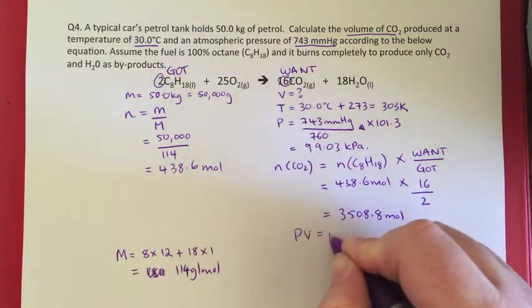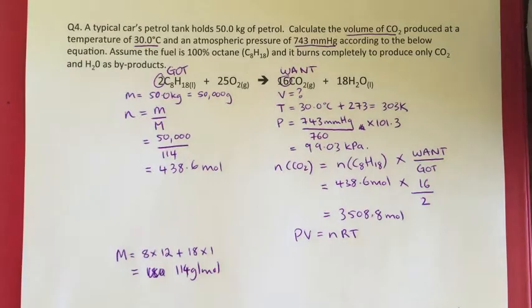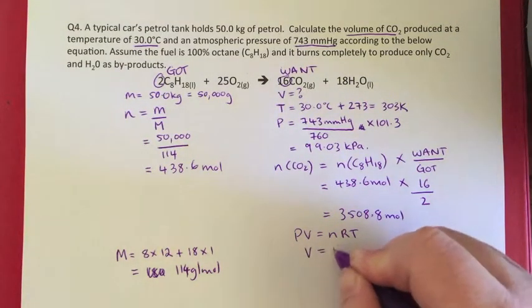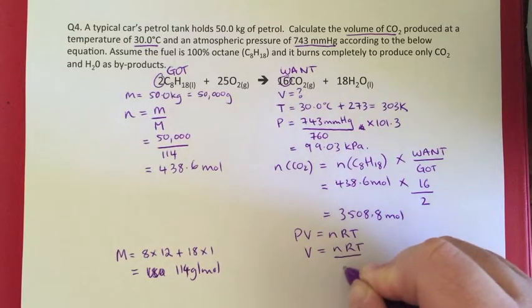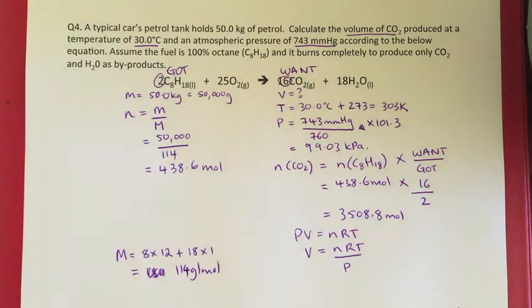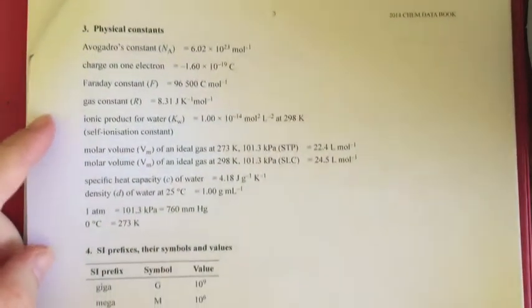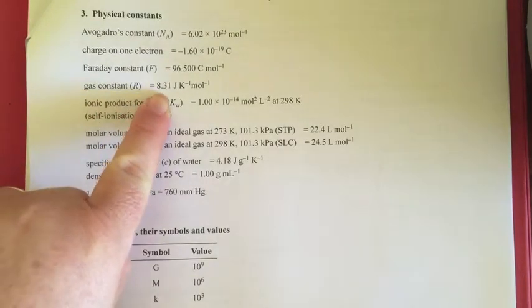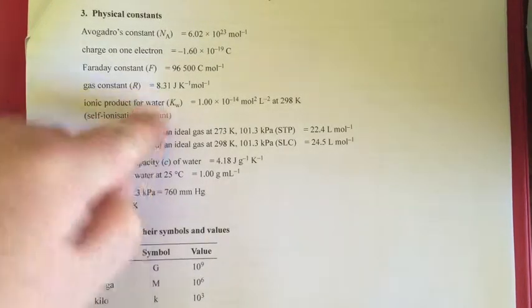Okay, so now we're up to ascertaining V. PV equals nRT. If you rearrange that, we get V equals nRT on P. If you have a look in your data book, you will find that the R is already given to you. Gas constant R, 8.31 joules per Kelvin per mole.